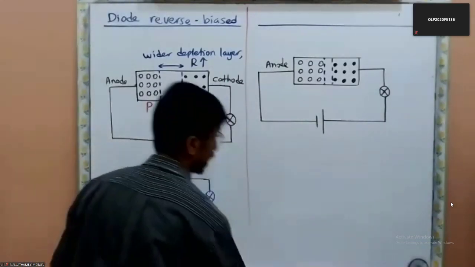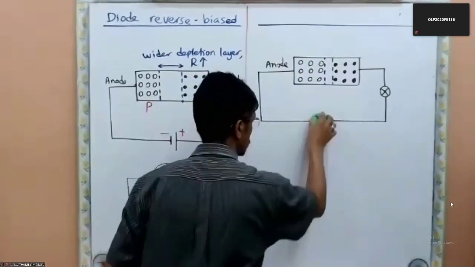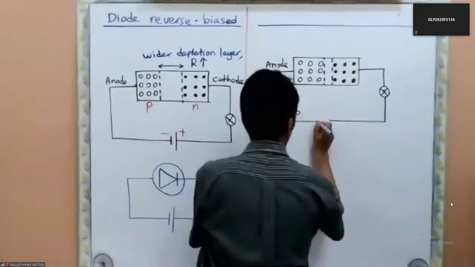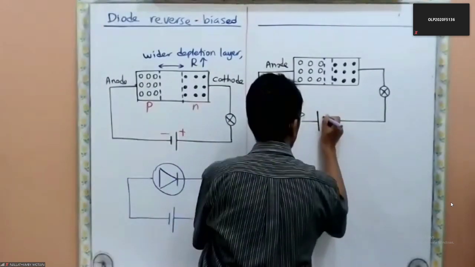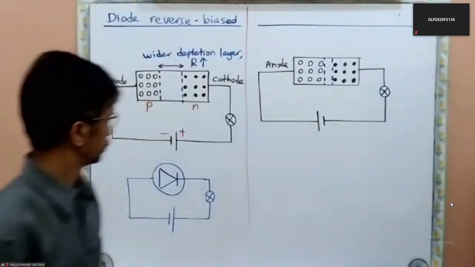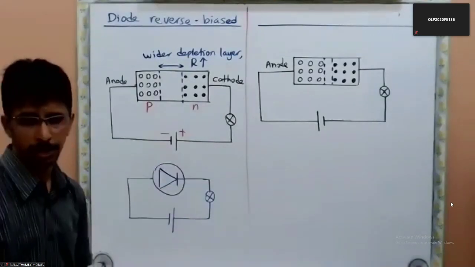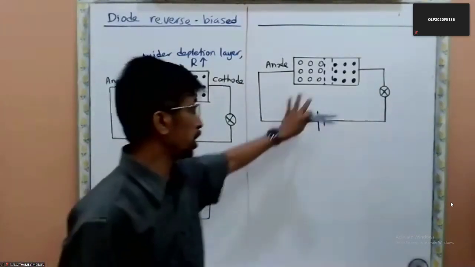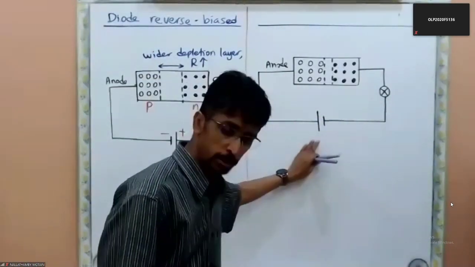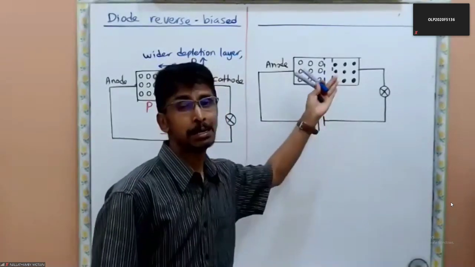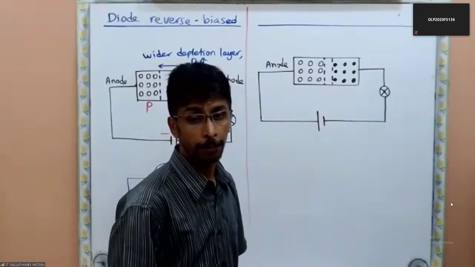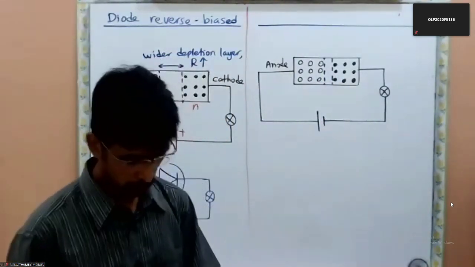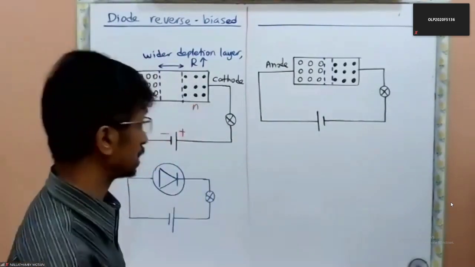But now the change is the terminals of the battery I'm going to reverse. Either you reverse the terminals of the battery, or you fix the terminals of the battery and reverse the diode also. Either one, yeah? But you cannot write both. We come to the question here. When we discuss, then you know.